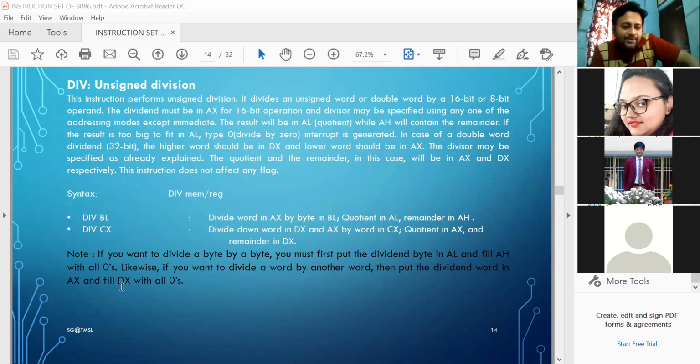That is why it is given in this note. If you want to divide a byte by a byte, 8-bit by 8-bit, you must first put the dividend byte in AL and fill AH with all zeros. So the dividend should be stored inside AL, and AH must be filled with 00.